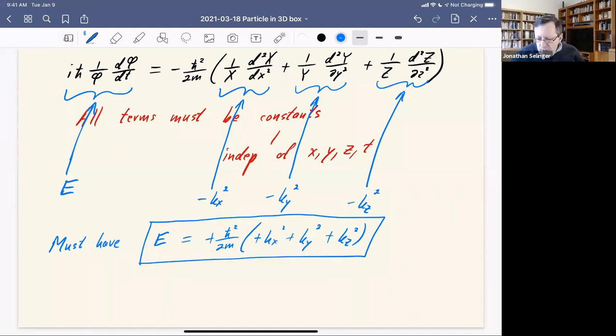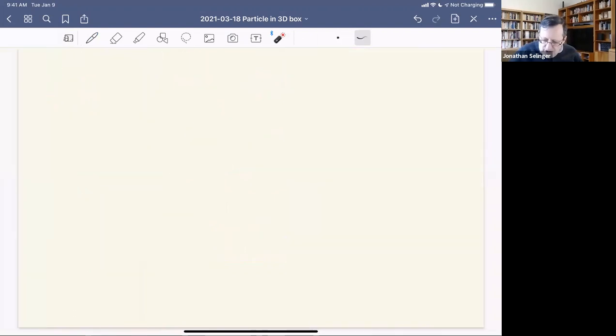Now we have four separate differential equations to solve: a differential equation in time, and in x, in y, and in z. For the time equation, it's just like what we did before in one dimension.